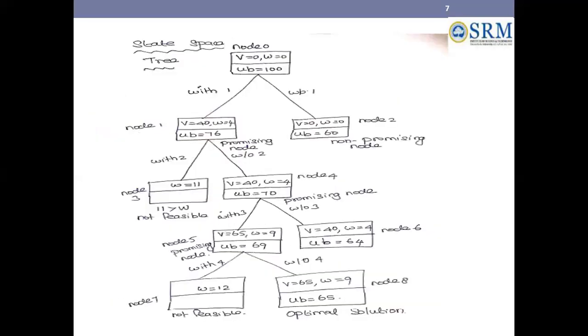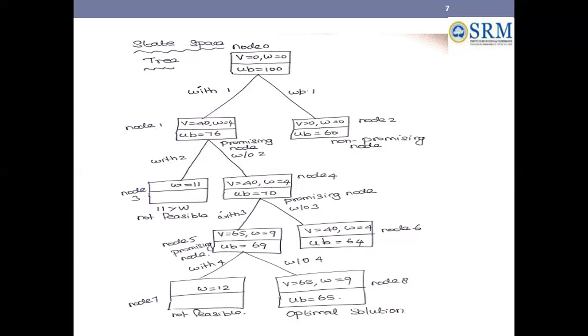So the basic thing is we have to construct a state space tree. Initially no item is added. Then find out the upper bound value. Take the items one by one in descending order of Vi divided by Wi, the ratio, and add the items one by one in each level. At each and every level, find out the live nodes, that is, leaf nodes in the tree.